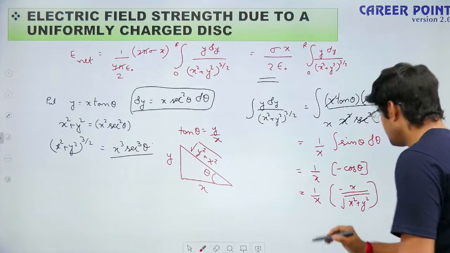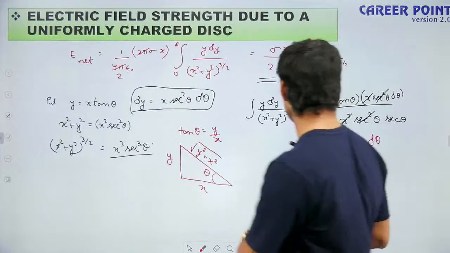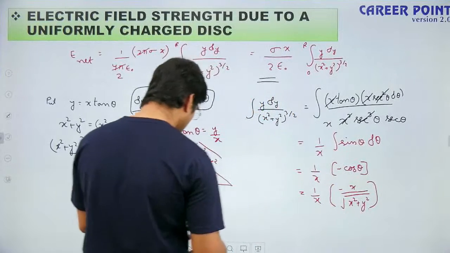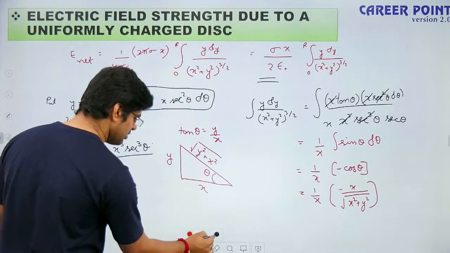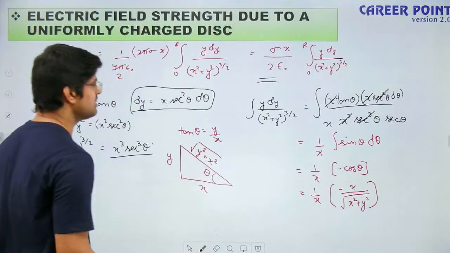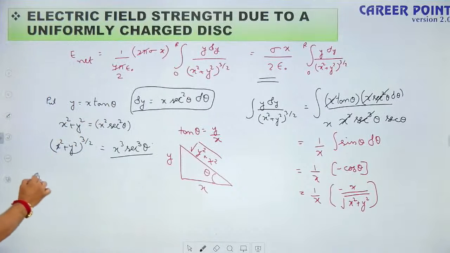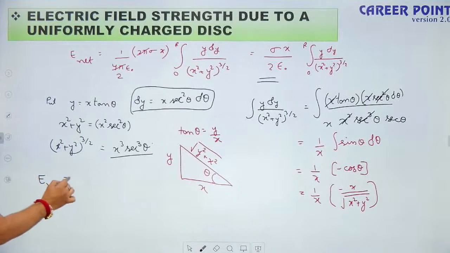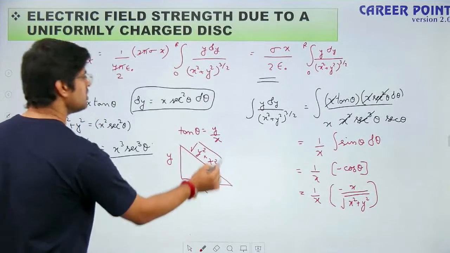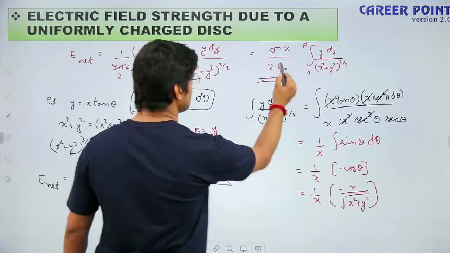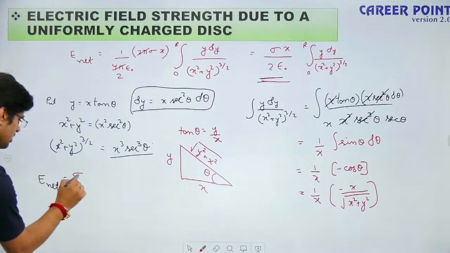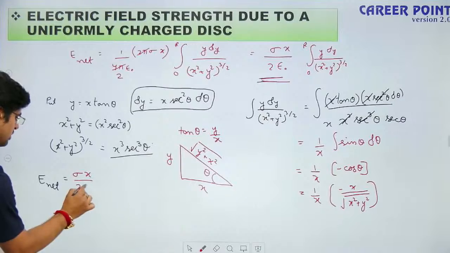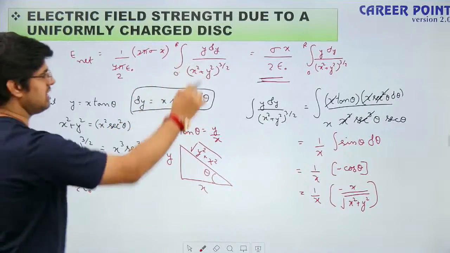Is that clear? So now once we have got the value of the integral, actually I can write my answer. What is that? E net is equals to, see what is the expression here, sigma x by 2 epsilon naught, and the value of the integral.